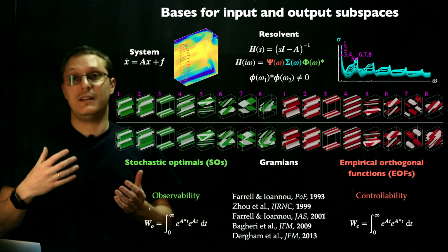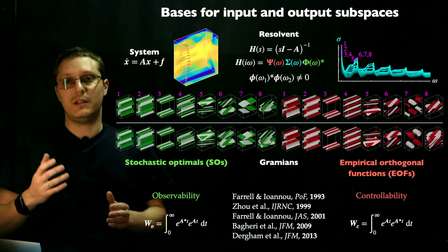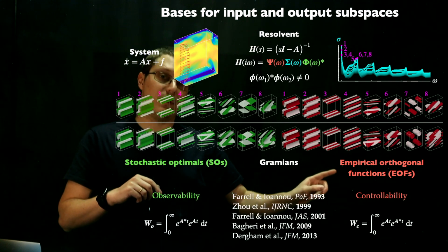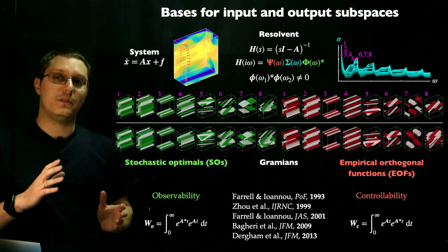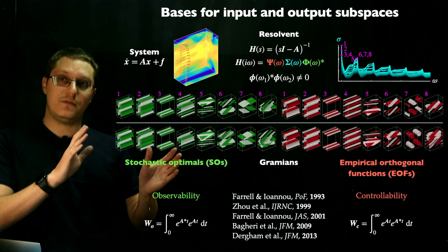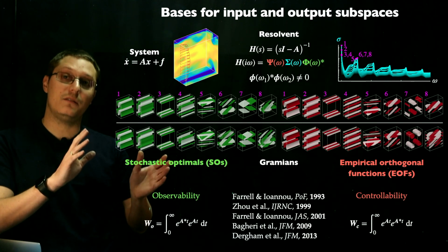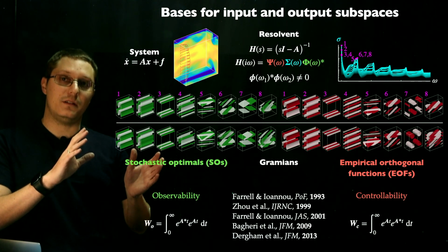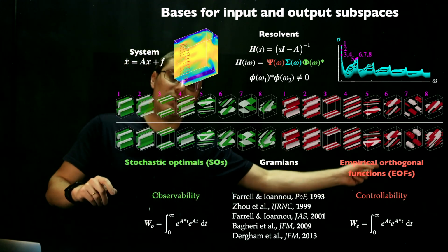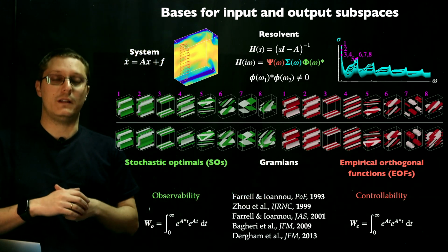These are known as observability and controllability modes, and for the case of full state inputs and outputs are also known as stochastic optimals and empirical orthogonal functions. And you can think about these modes as the sets of inputs that optimally can sustain the variance of the system under white noise. And these are the modes that optimally can account for the variance in the system forced by white noise.